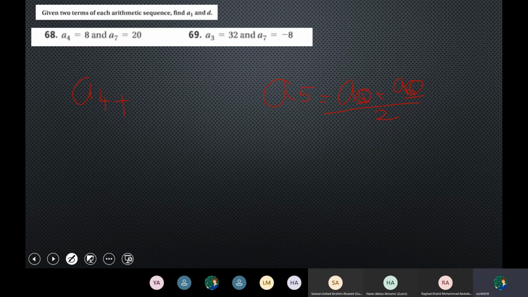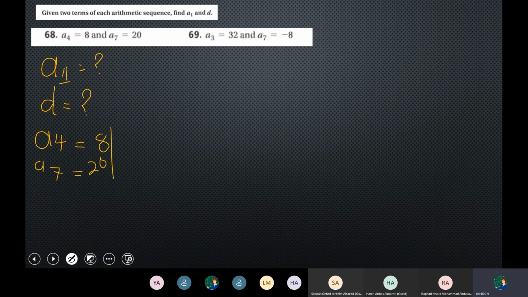Here now, one is even and one is odd, so I cannot use the arithmetic mean. What do I have to do now? In this question, I have to find A sub 1 and D, where A sub 4 is 8 and A sub 7 is 20.